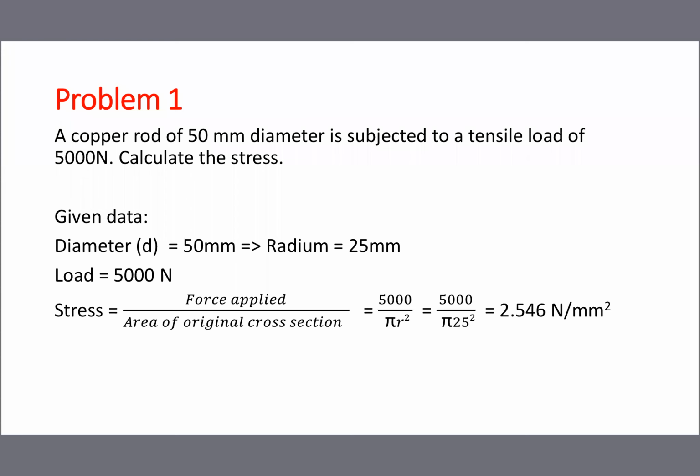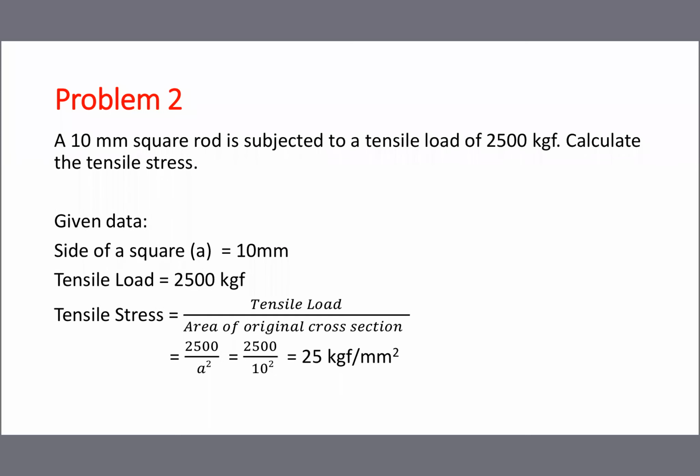So question number 2 and question number 7. Question number 2, somebody asked in a message: a 10 mm square rod is subjected to a tensile load of 2500. The square rod we are using, so the side of the square is 10 mm. So the area of cross section of the rod is 10 into 10, 100. For the first problem, a round rod, the area formula is pi r square.